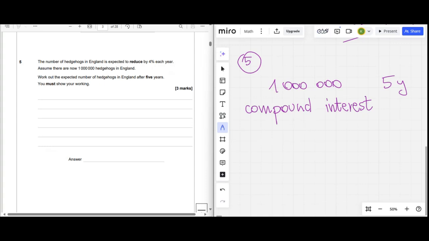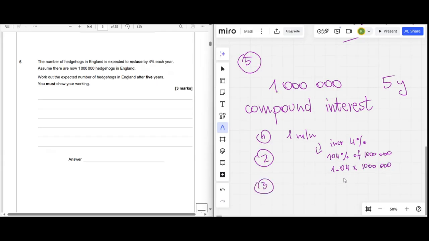No i tak, w pierwszym roku to jest ten 1 million. W drugim roku to się zwiększy. So increase 4%. Czyli będzie razem 104% of 1 million. Czyli inaczej 1.04 times million. To będzie w drugim roku.